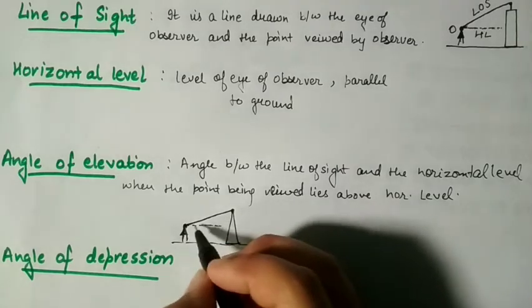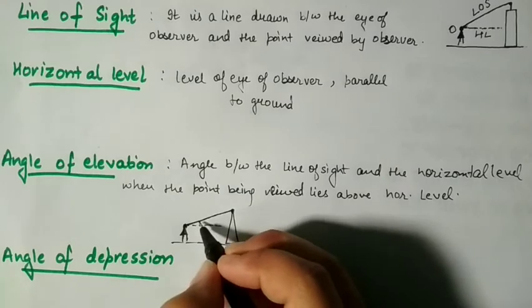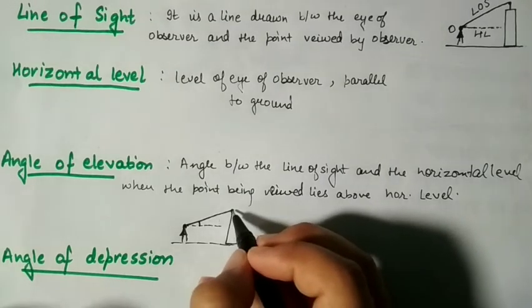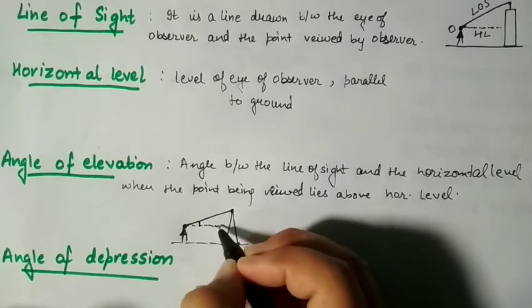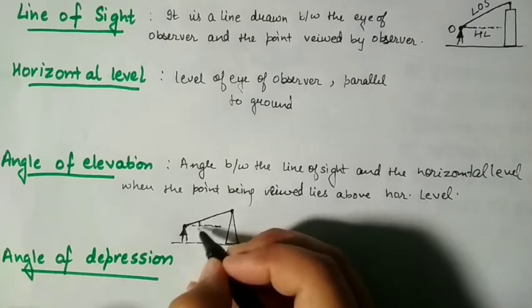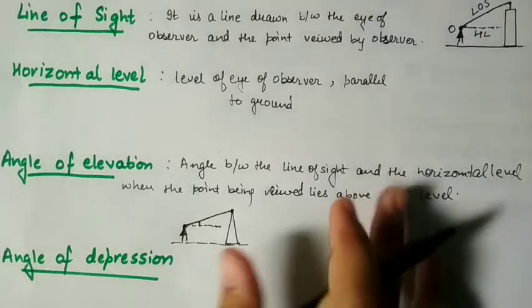So the angle that is formed between the line of sight and the horizontal level is called the angle of elevation, such that the point that is being viewed should lie above the horizontal level. The point should lie above this level. Only then this angle between line of sight and the horizontal level is called the angle of elevation.